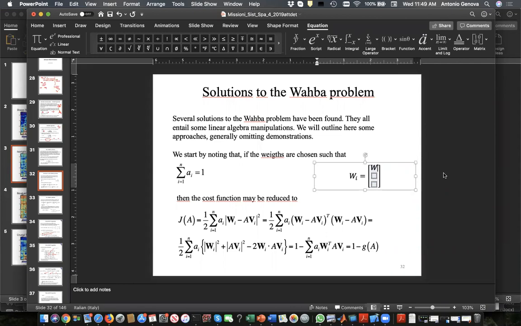In order not to use too many indices, the superscript here is the component number.